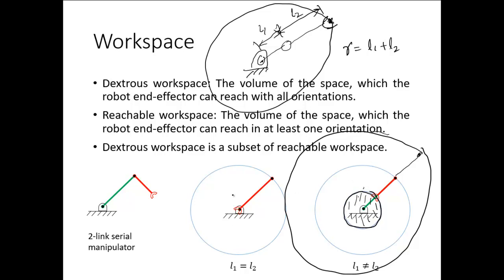All right. But in this case, the reachable workspace can be a bigger circle outside, and then this point. So this whole is the reachable workspace, where the end effector can reach at least in one orientation. The orientation between the two links can lead to reaching this point.